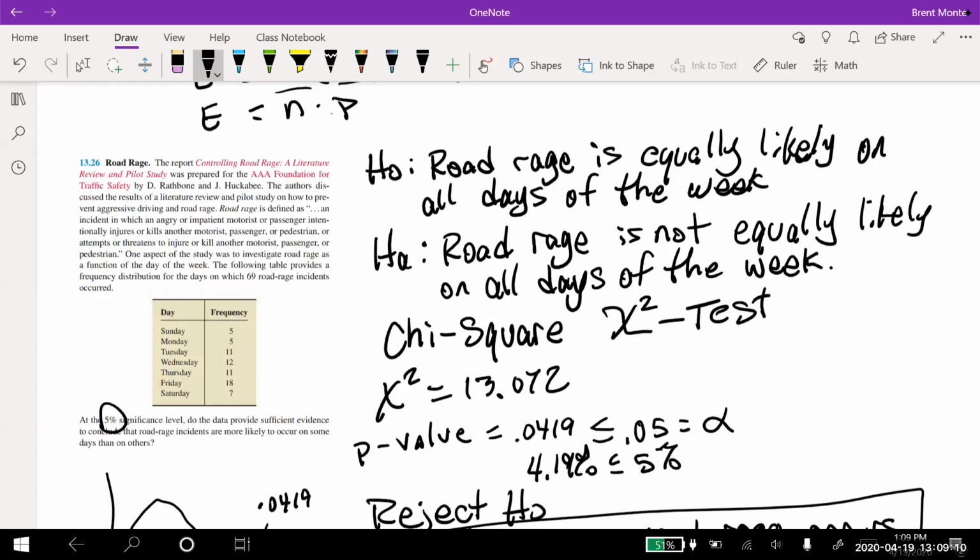We worded the alternative equivalently to how they did, that road rage incidents are more likely to occur on some days than others.